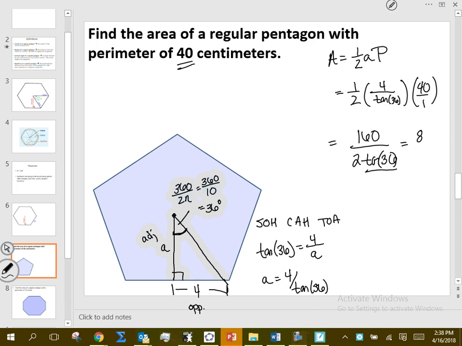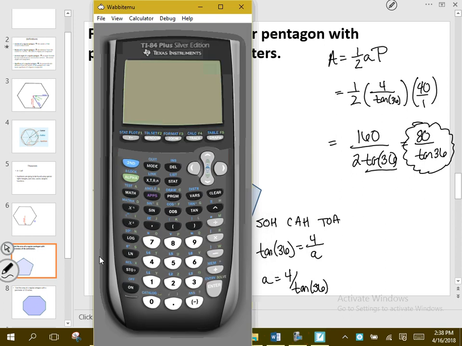It gives me 80 divided by tangent of 36. And that should end up being my area as an exact version, okay? Because there's no rounding in any of those numbers. That's the exact value of my area. Now, if I wanted to take it as a decimal, I type in 80 divided by tangent of 36, and I get 110.11. Now it'd be centimeters squared.